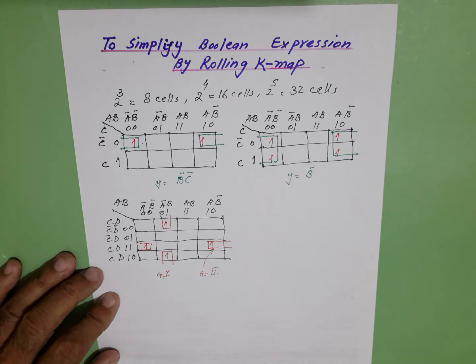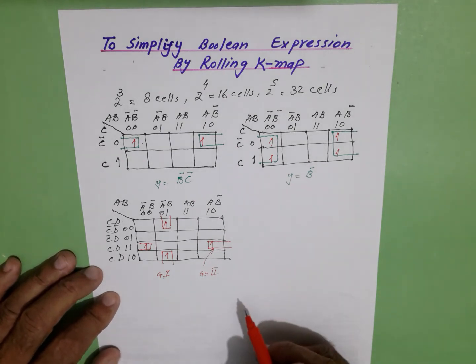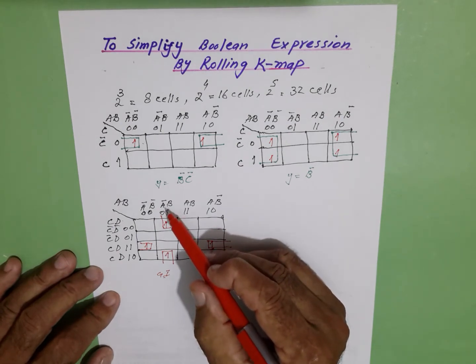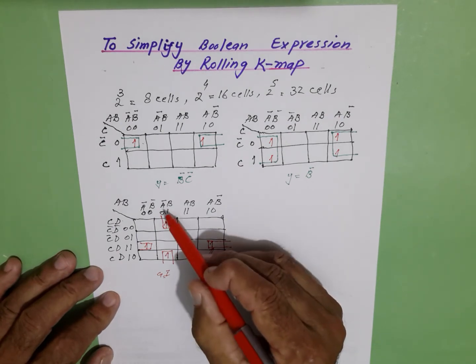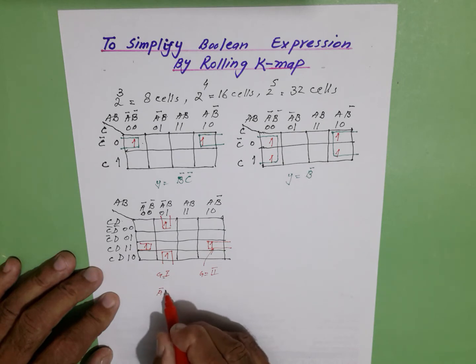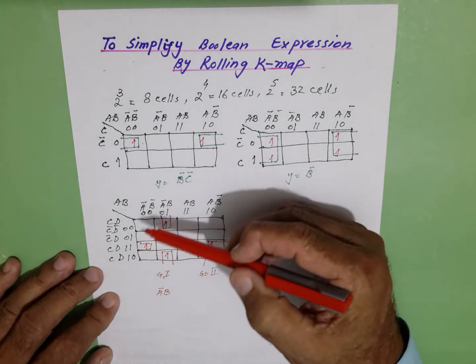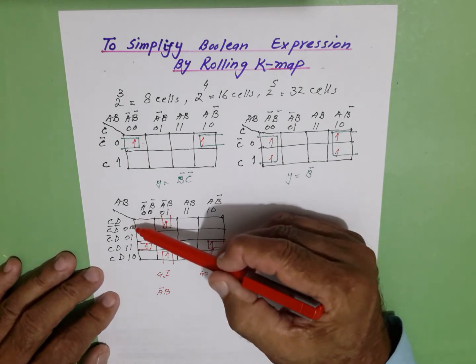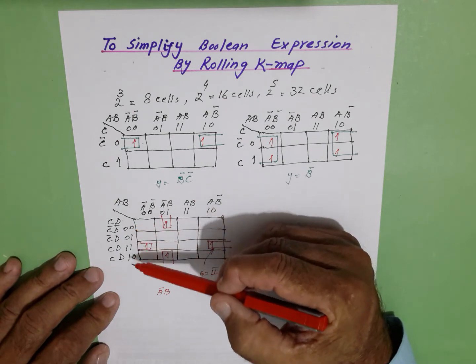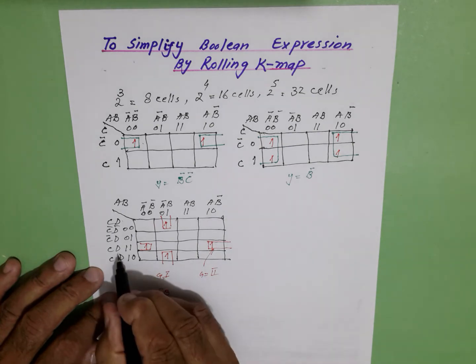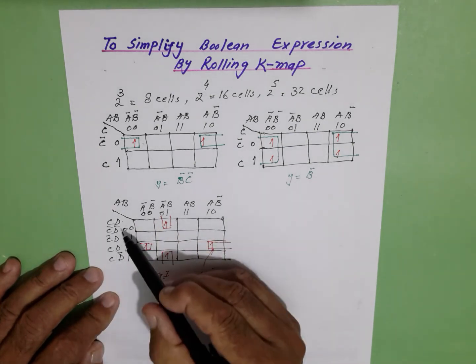Let us write the equation for group 1. This is group 1. We see that vertically A bar B is constant, therefore we can write A bar B, and coming from rows or horizontal, we see that D bar is constant.